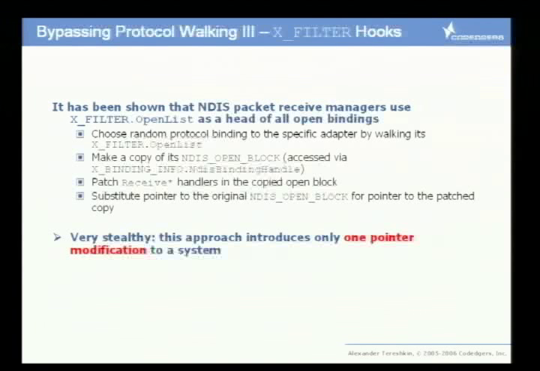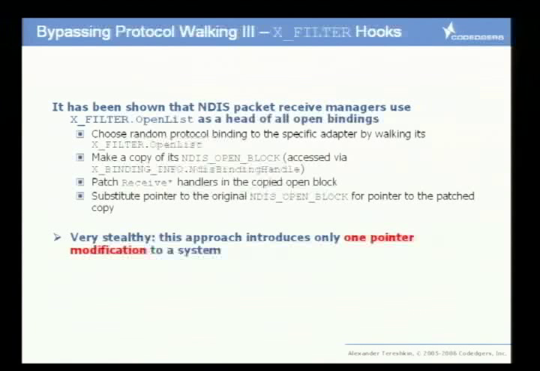We will choose a random protocol binding to the specific adapter by walking its open list links. Then we will make a copy of the NDIS open block, which we chose randomly, and then we will patch all needed handlers in this open block and substitute the pointer to the original open block with the pointer to the patched copy.